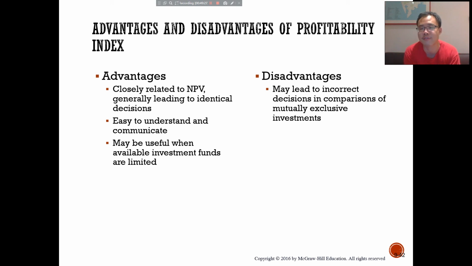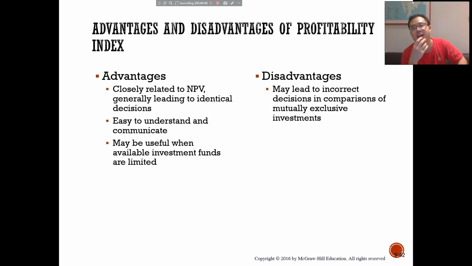This is to say that if you have two projects, one project will give you a high profitability index, say, if you put in $1, it gives you more profit ratio.